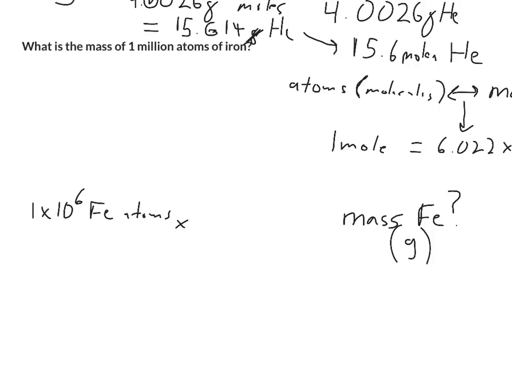Okay, we get the units to cancel. Avogadro's number is an atoms or particles number. That will go on the bottom. There's Avogadro's number of iron atoms in 1 mole.